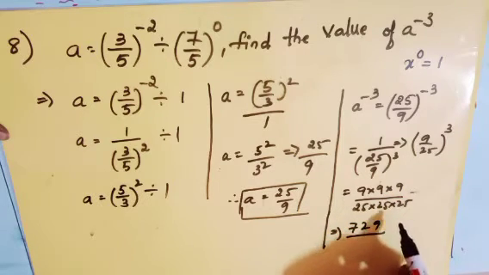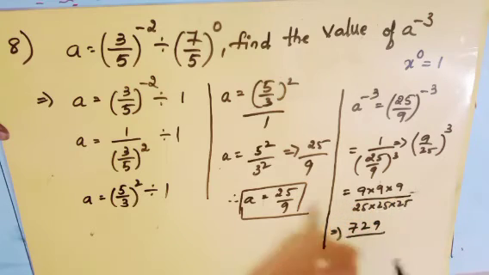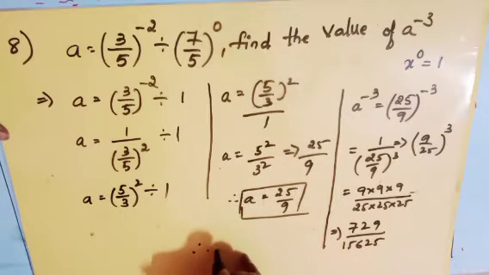And when we multiply 25 three times, we get the answer 15,625.